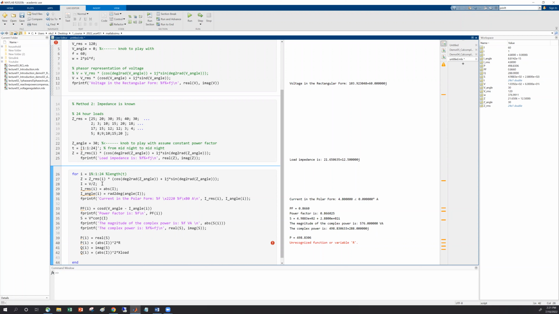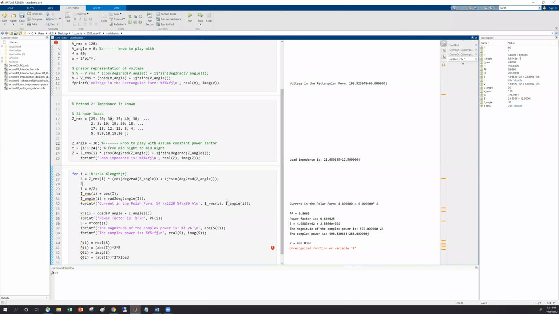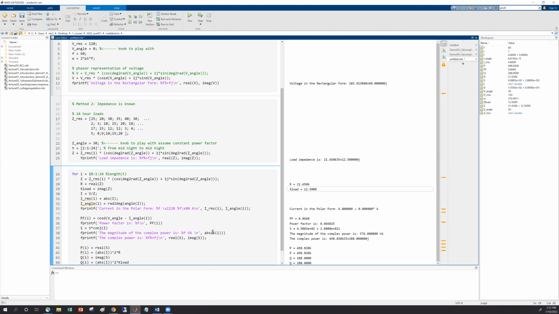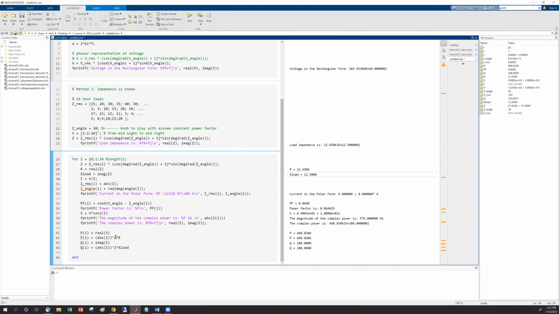The R here, I haven't defined that. This is because R equals the real part of Z, okay? And then the X load equals the imaginary part of Z. Okay, so you can see that both will give you the correct amount, okay?